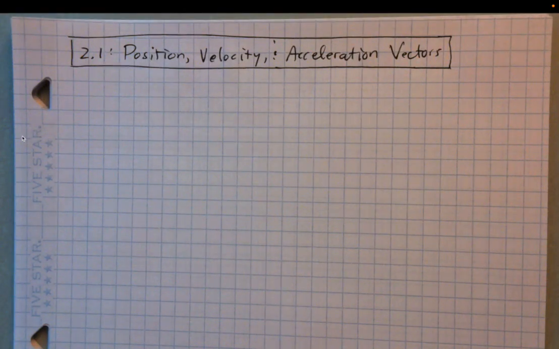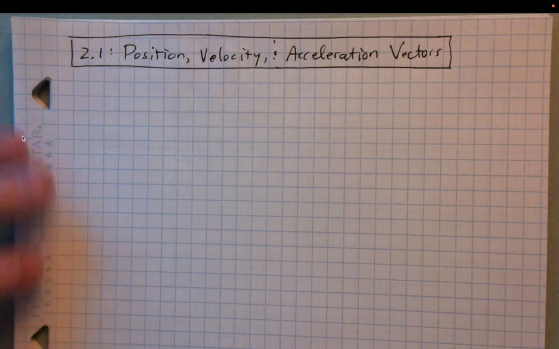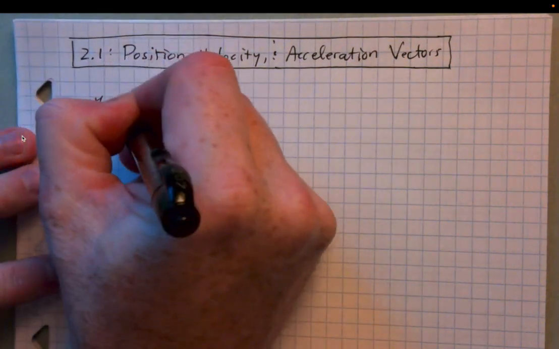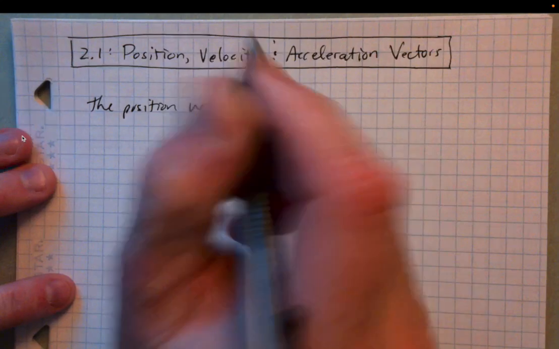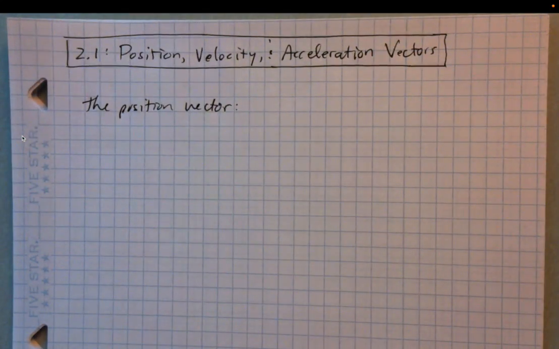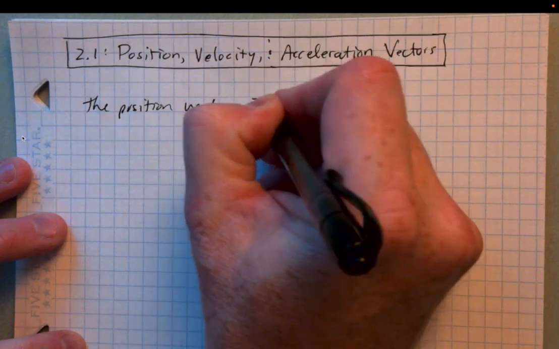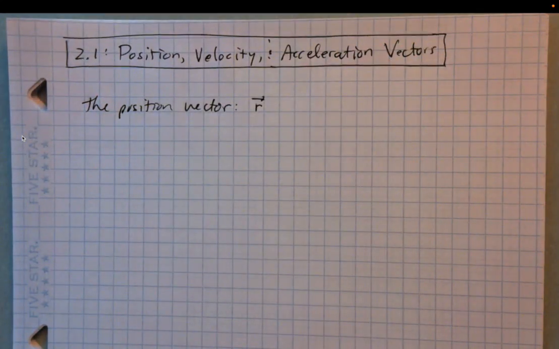Okay, and so to describe the motion of a particle in space, we first have to begin by describing its position. And so we'll use the position vector for that. There are different notations you will come across if you look in various places, but we're going to use R to denote our position vector.